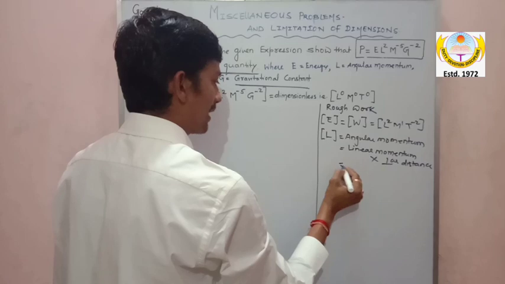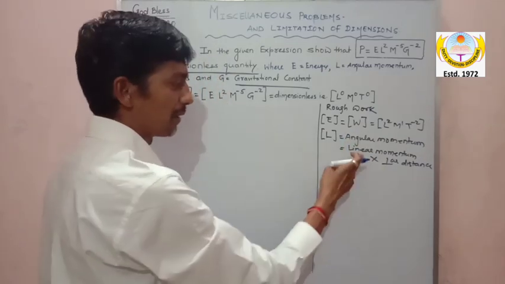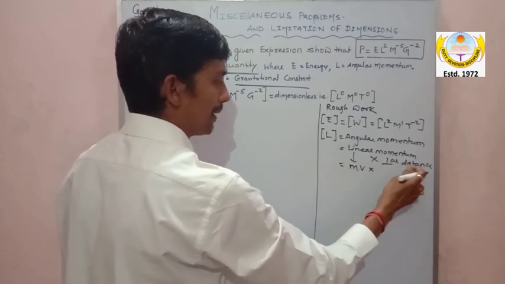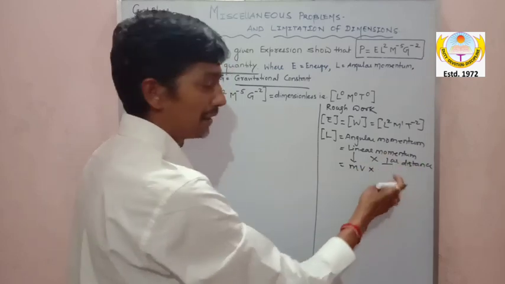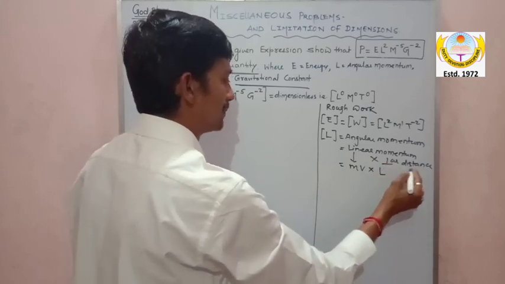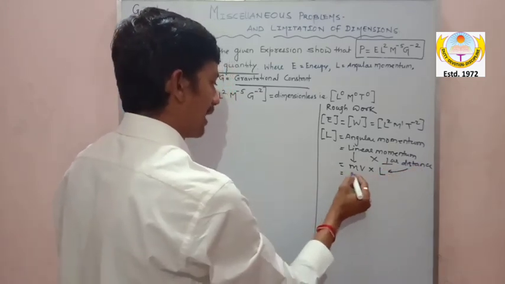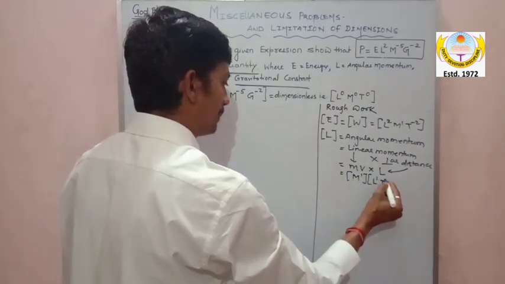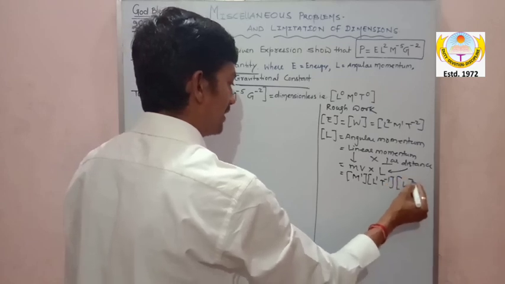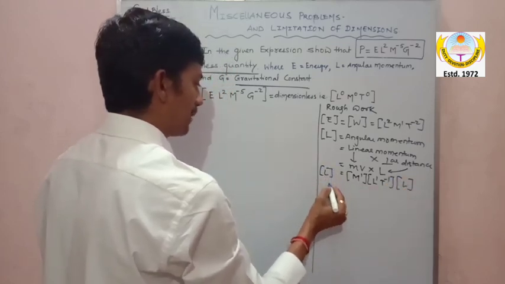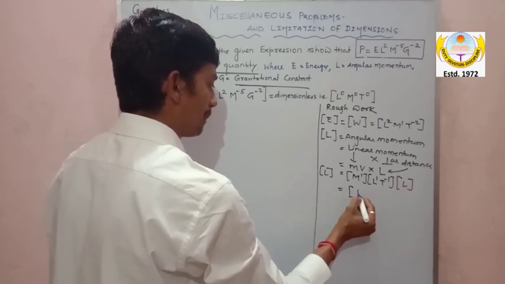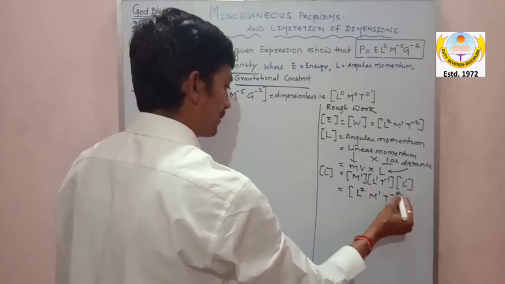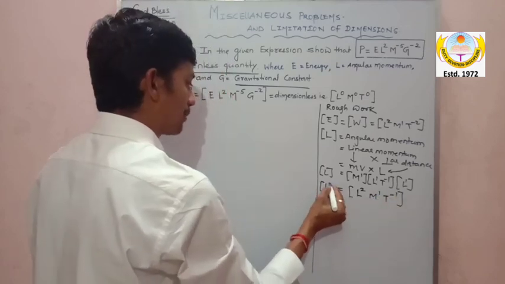From class 10th you know linear momentum is mass into velocity, into perpendicular distance, which can be taken as L. So the dimension is m power 1, velocity is L power 1 t power minus 1, and this is L. So the dimension of angular momentum is L power 2 m power 1 t power minus 1.